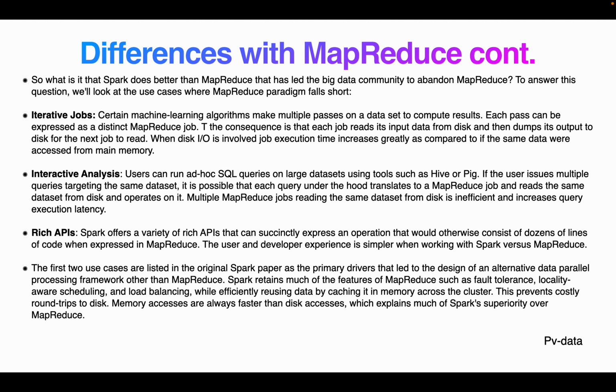The first part is interactive jobs, then interactive analysis, then rich API. Certain machine learning algorithms make multiple passes on the datasets and compute the result, and each pass can be expressed as a distinct MapReduce job. The consequence is that each job reads input data from disk and then dumps output.